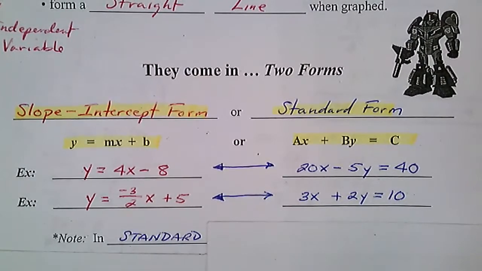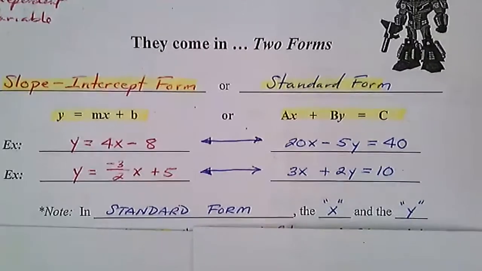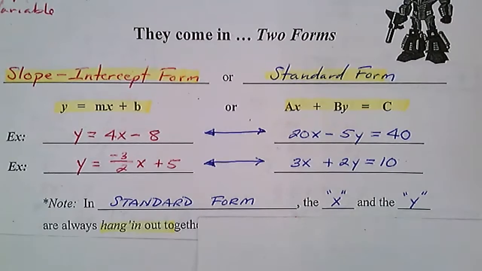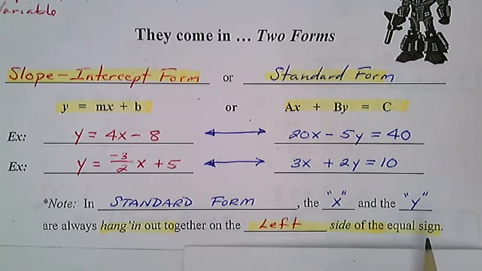Okay, now here's a quick note. In standard form, the x variable and the y variable are always hanging out together on the left side of the equal sign.